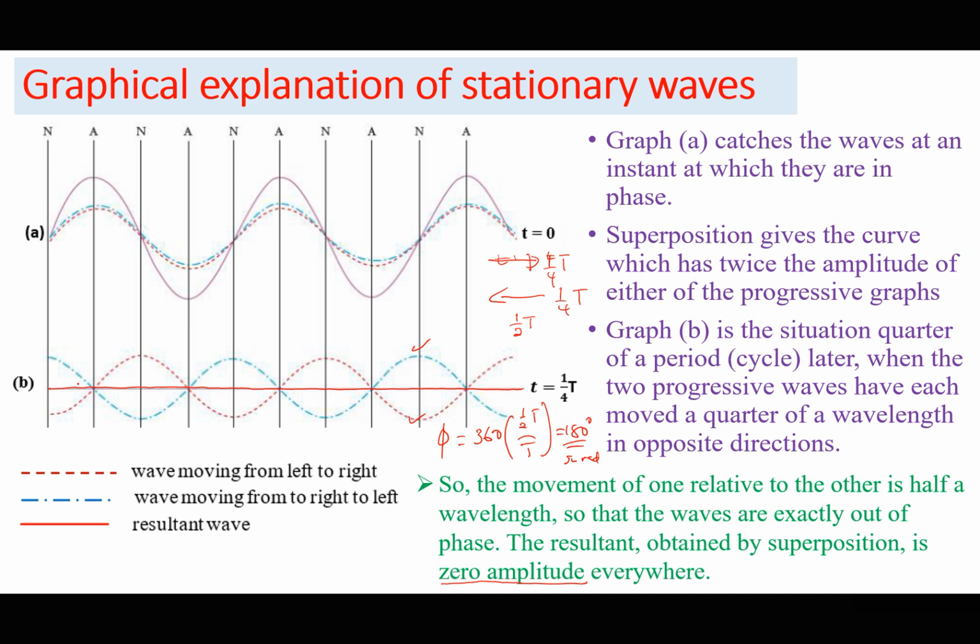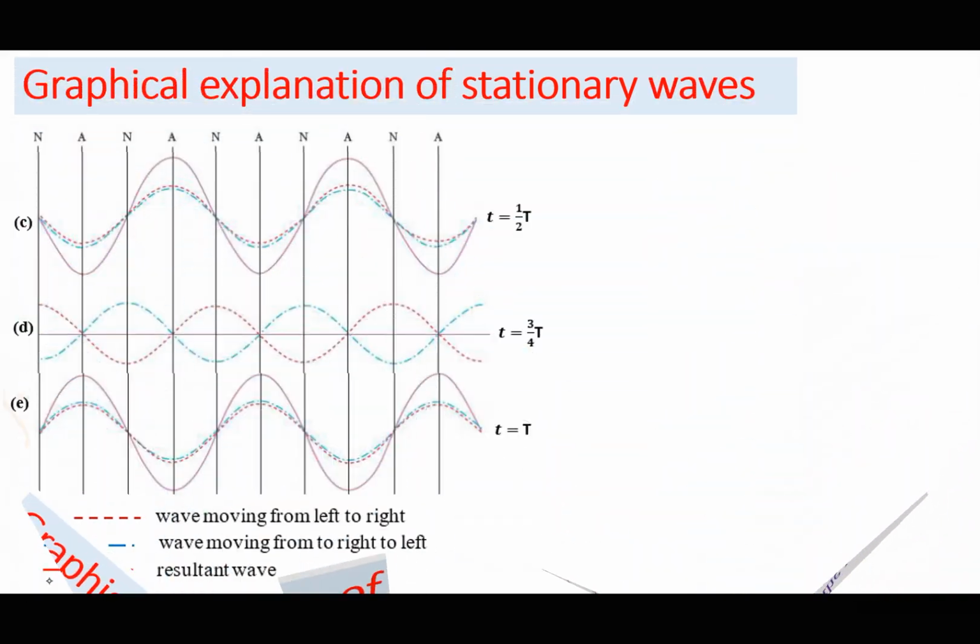Let's now look at the wave when t is equal to half a period. So in C, t is equal to half a period. It means if we consider the particles initially at t equals 0, after half a period, the particle which was moving to the right has moved half a period to the right, and the particle which was moving to the left has also moved half of its cycle to the left.